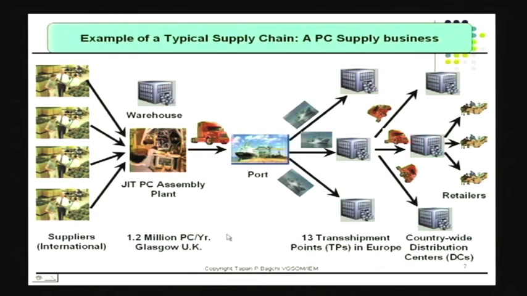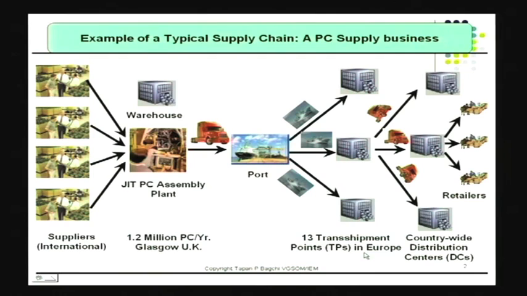In fact, the diagram that I show here is the supply chain for a PC, the personal computer assembly business. It comprises suppliers who are international, they may be spread around the globe. Then of course we've got assembly plants which are also located at various different places, and these places may not coincide with the place where the parts are made. Then the assembled parts are moved perhaps by shipping or by truck or by some other means to places where we've got transshipment points.